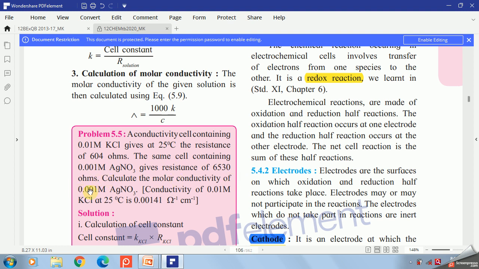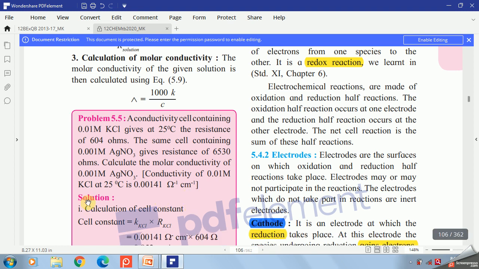Calculate the molar conductivity of 0.001 molar AgNO3 when conductivity of 0.01 molar KCl at 25 degrees is 0.00141 ohm inverse centimeter inverse. So solution, how will you solve this?